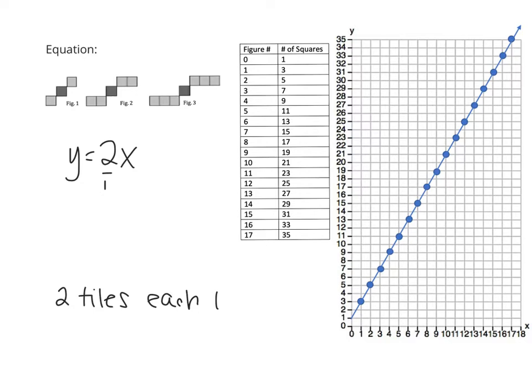So each one figure number. Does that fit the pattern that we saw when we looked at our story? Does that fit what it says on the graph? Does it fit what it says on the table?